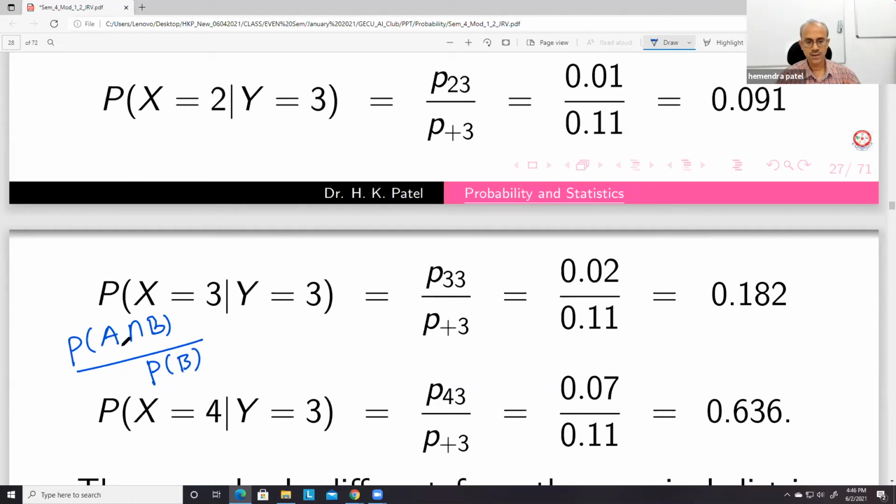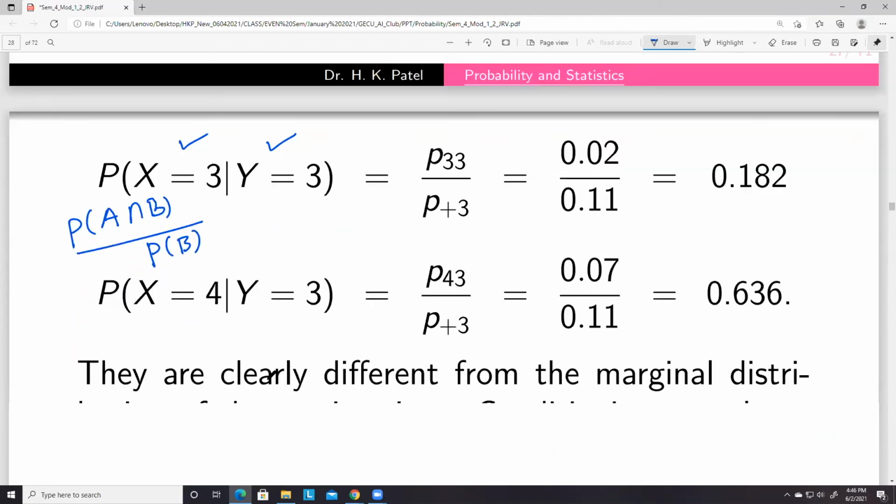A intersection B means A and B both. So here x is equal to 3 and y is equal to 3 both, and therefore this is just the cell value P33. Sure, sir.